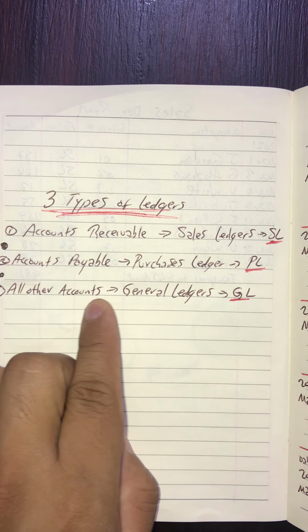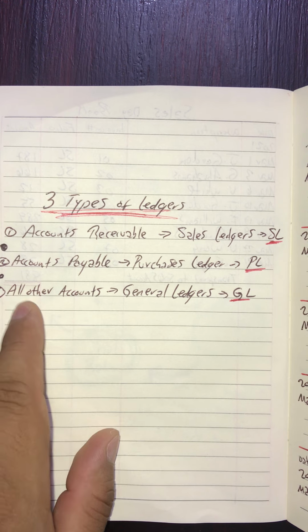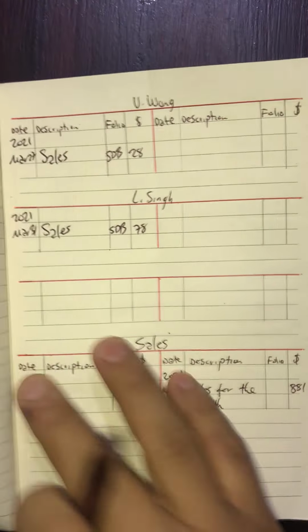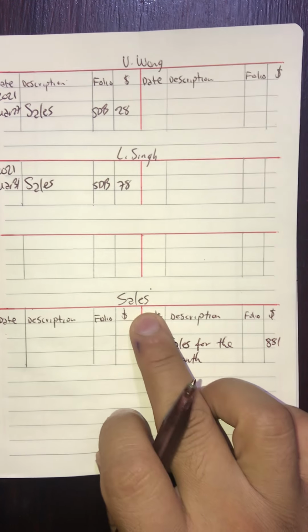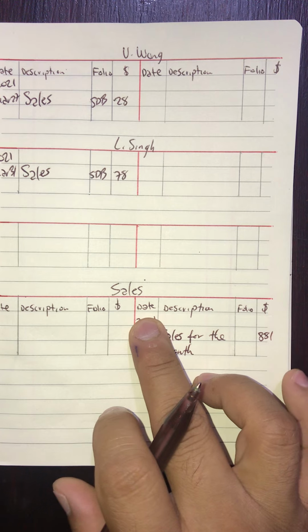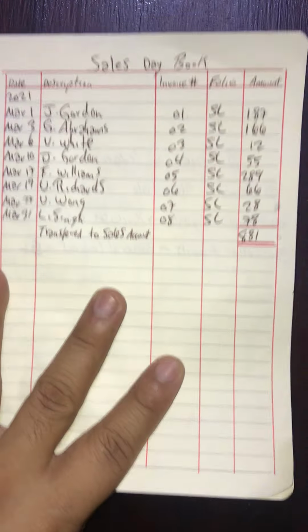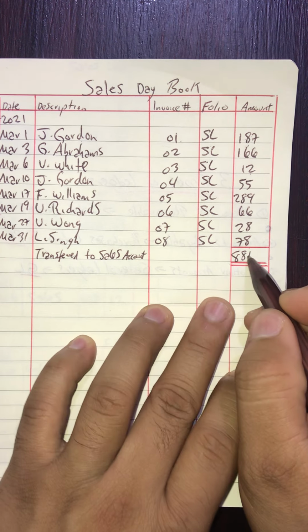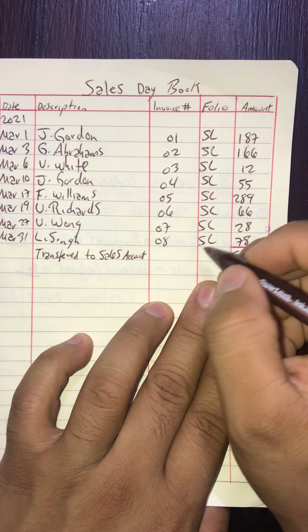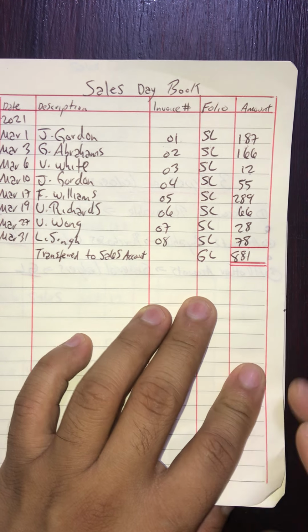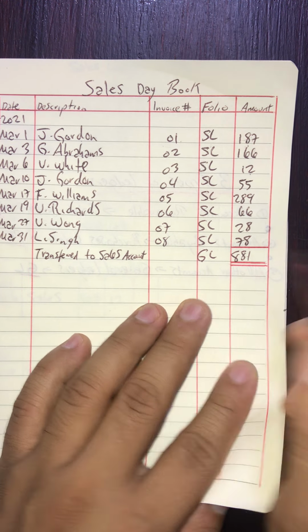We will not go over accounts payable in this chapter, but all other accounts fall under the category of general ledgers. So in this case, sales is considered a general ledger. So here, this amount with this total was transferred, was posted to a GL, a general ledger. So the folio here would be GL.